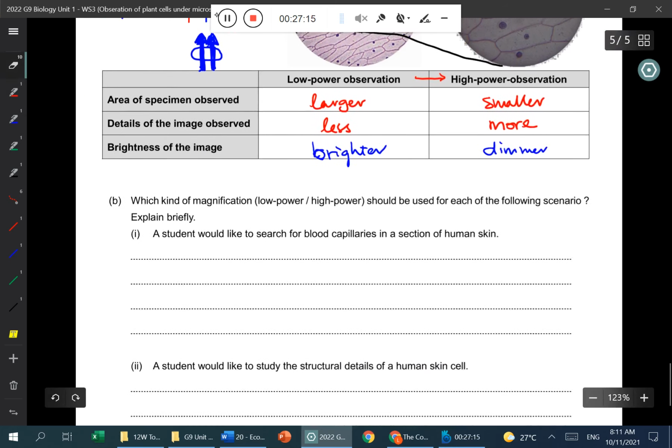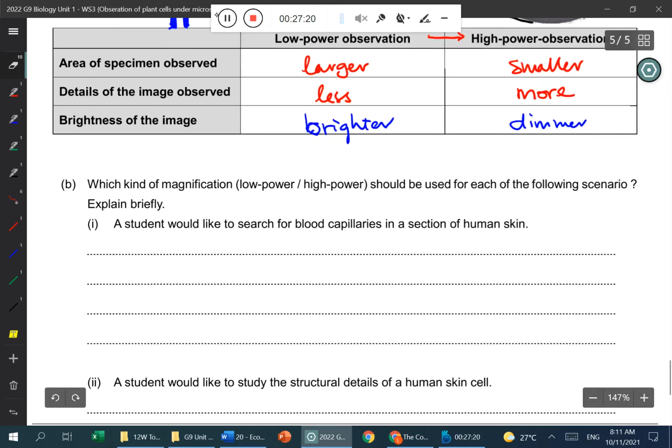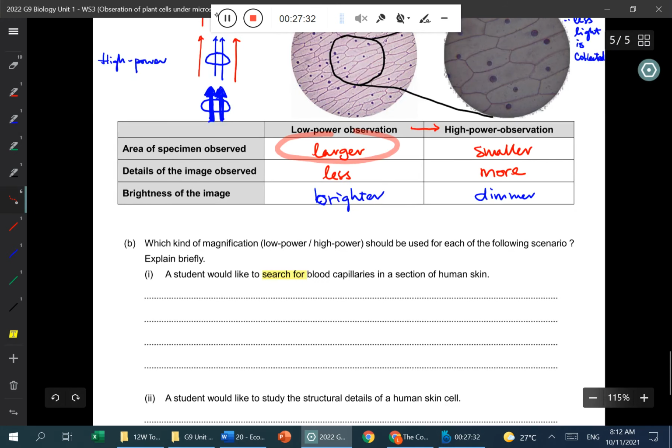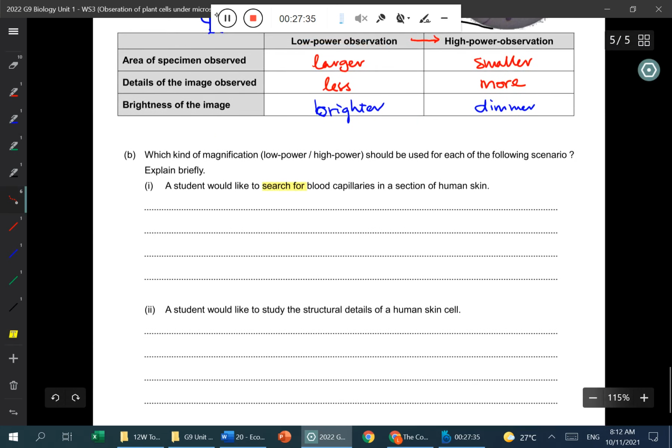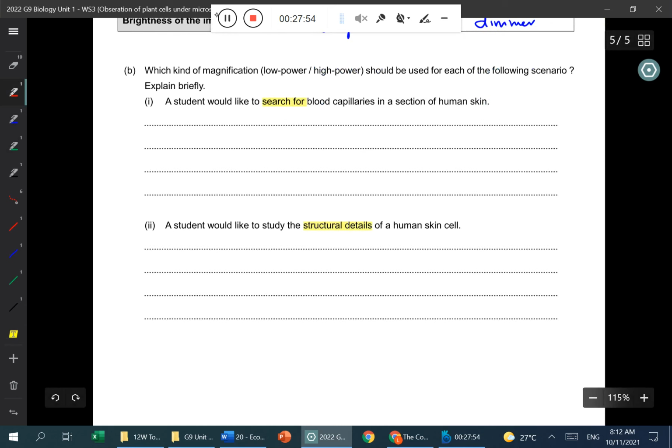So with these features in mind, we can now see that when I'm searching for a particular thing to see, it's better to look at a larger area of specimen. While if I'm looking for more details, it's better to use high power observation, simply because the magnification is higher, so that it can give you more details.